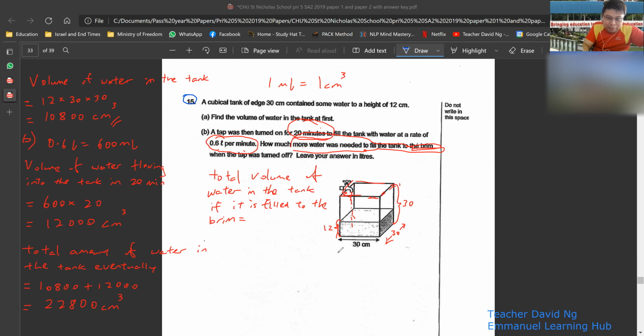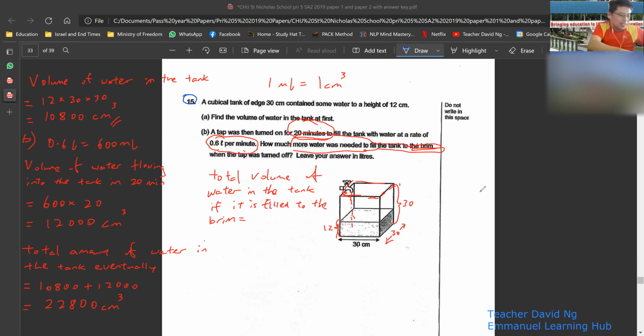Okay, now back to the question. Can you tell me the total volume of water in a tank if it's filled to the brim? Now you know the definition of volume. Can you tell me, or you cannot tell me?